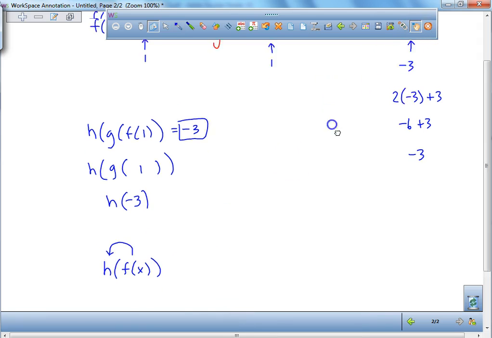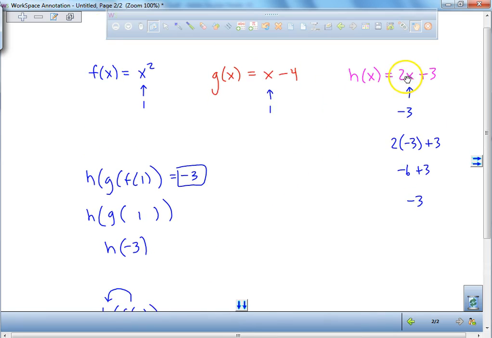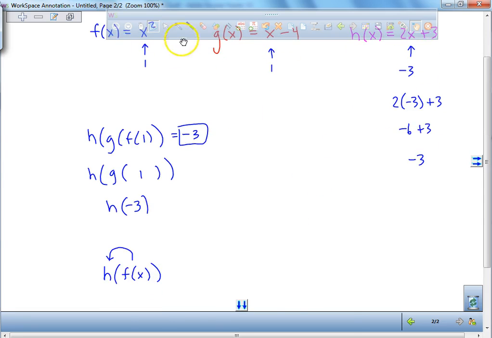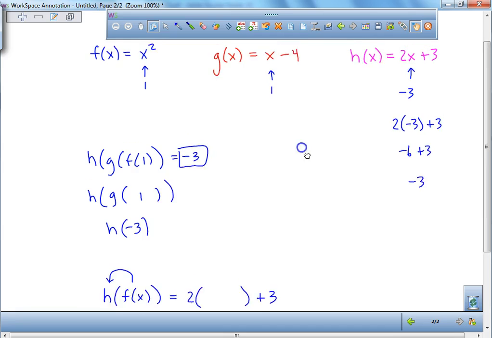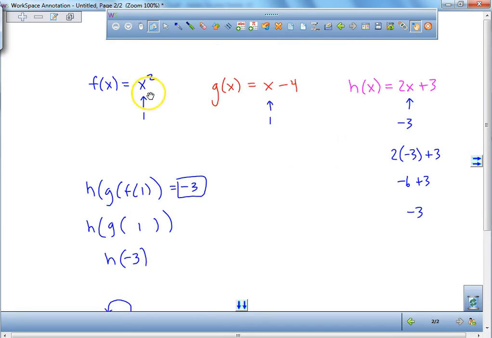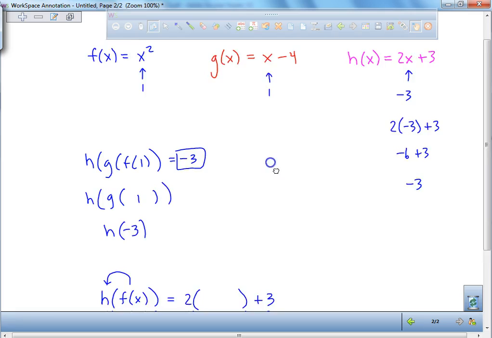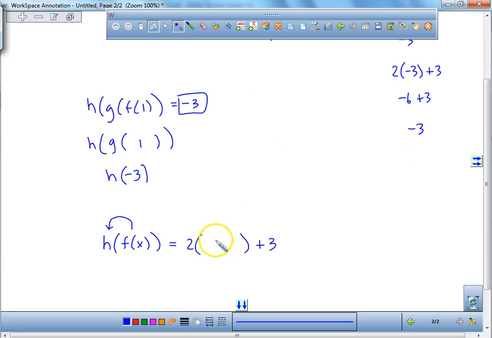So if we look back up here, h of x is what? 2x plus 3. So I'm going to put equals 2 open parentheses plus 3. And what am I plugging into that? I'm plugging in an x squared. So my final answer would just be 2x squared plus 3.